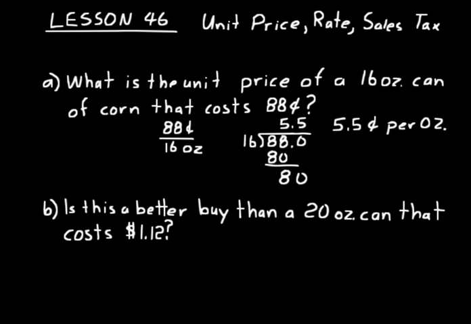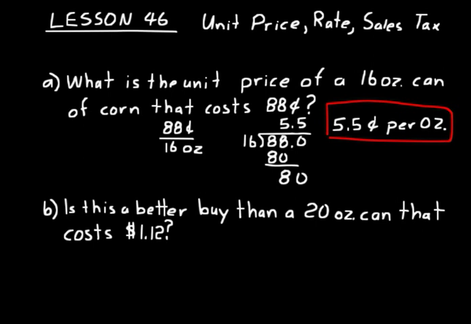Now, here's one of the main reasons you would want to know how to find unit price, is to compare to another item that you might be wanting to buy that's similar. And look at B. It says, is this a better buy? So in other words, is 5.5 cents per ounce, our answer in A that I'm circling right now, a better buy than a 20-ounce can of corn that costs $1.12?